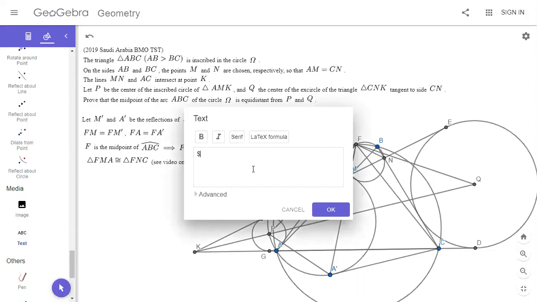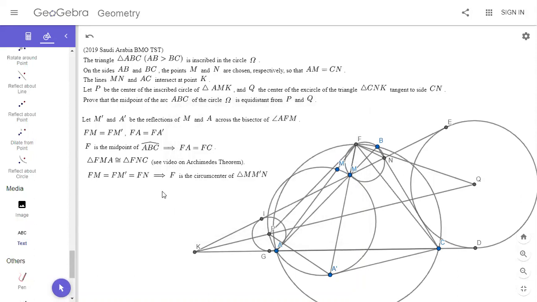But basically, we have FM is FM prime is FN. So F is the circumcenter of M prime N. And so basically, I want to show M prime N is parallel to PQ.